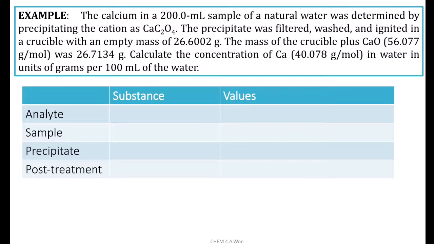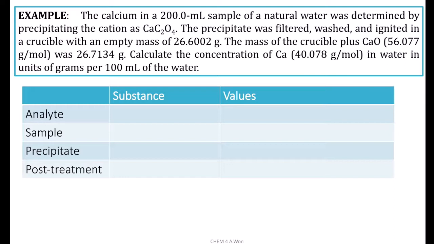Now let's try solving a gravimetry problem. This is in particular a precipitation gravimetry problem. Example: the calcium in a 200 ml sample of natural water was determined by precipitating the cation as calcium oxalate.